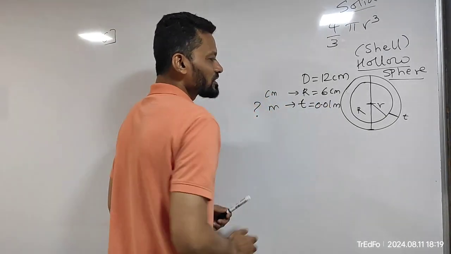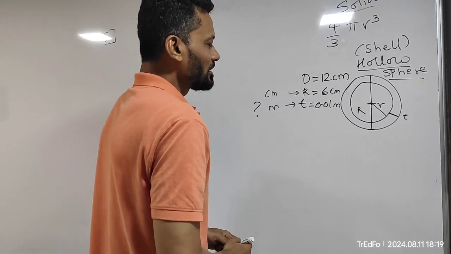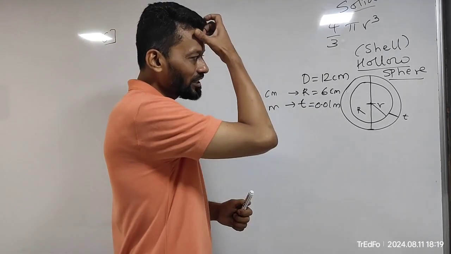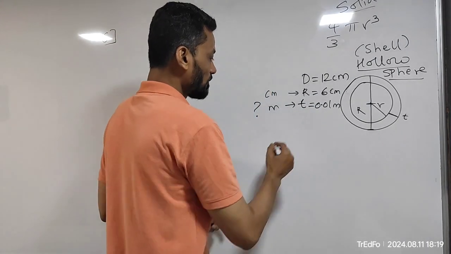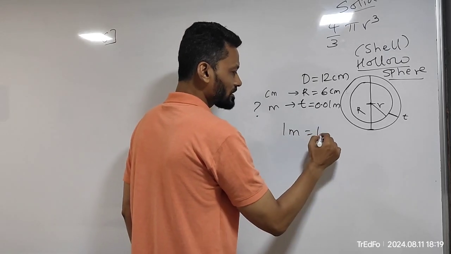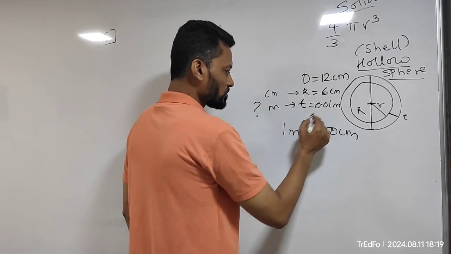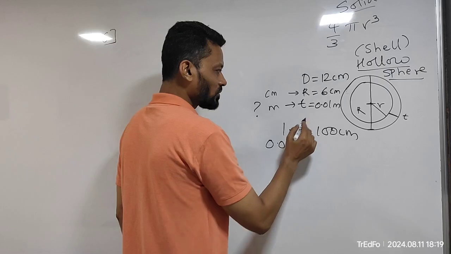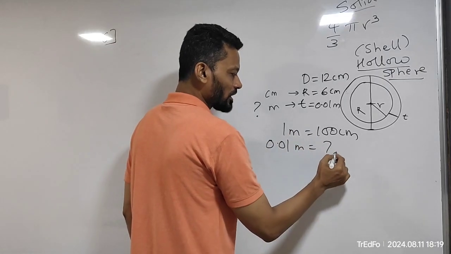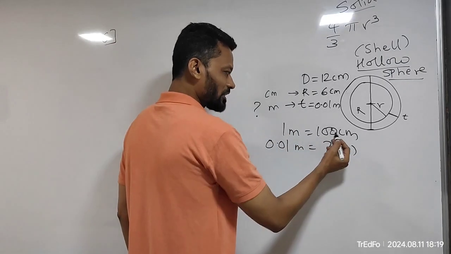So let's convert this 0.01 meter. How will you convert it into centimeter? Tell me. If you don't know the calculation, I'll show you. 1 meter is 100 centimeter. So 0.01 meter is how much? Let's say x. This multiplies here.